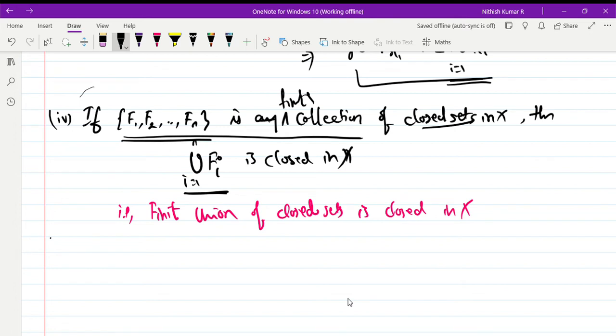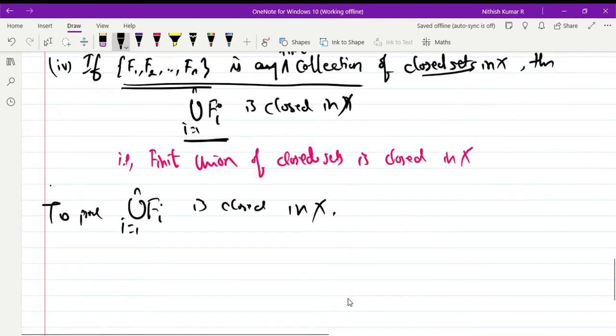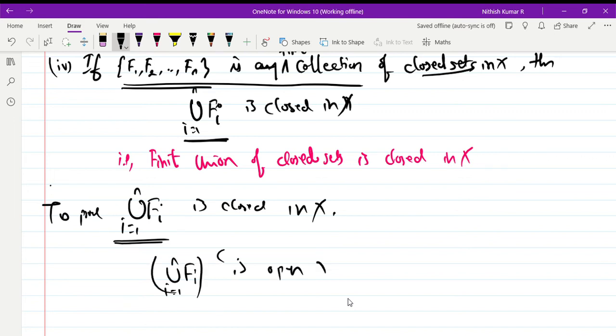To prove that the union of Fi, i from 1 to n, is closed in X, it is enough to prove that its complement, that is, the union of Fi, i from 1 to n, whole complement, is open in X.